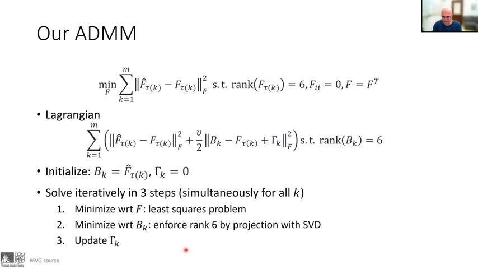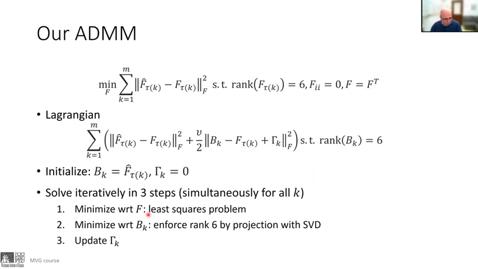Remember that the fundamental matrices are all rank 2. It could happen if you somehow have, for example, collinear cameras. What will happen here is that this condition will be satisfied, so it will work.